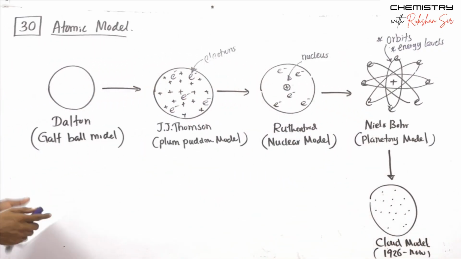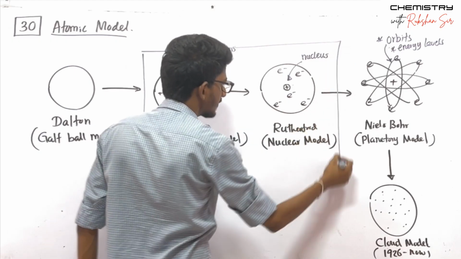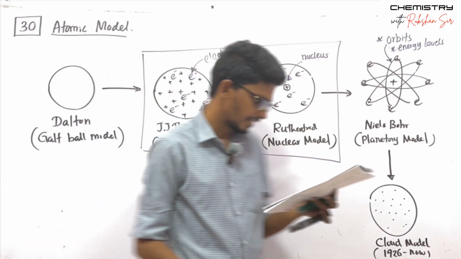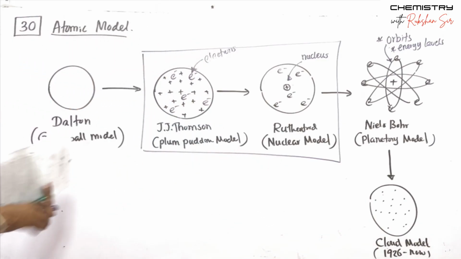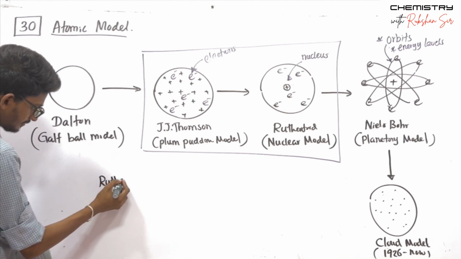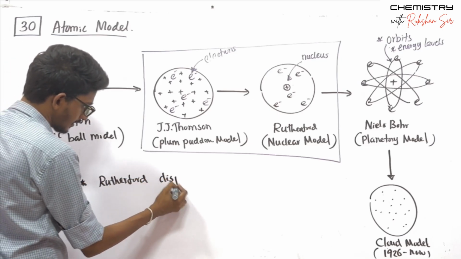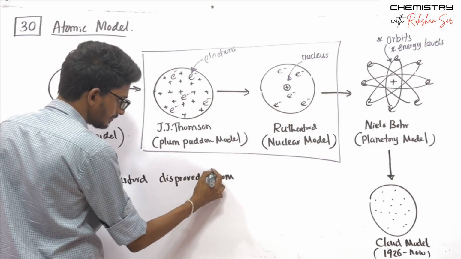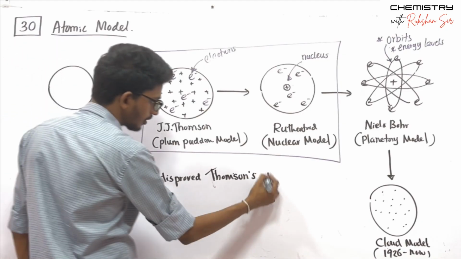And the question was asked at this stage: who failed the Thomson's plum pudding model? Yes, that is Rutherford. The scientist who disproved Thomson's plum pudding model of the atomic structure is Rutherford, right? Rutherford disproved Thomson's plum pudding model.